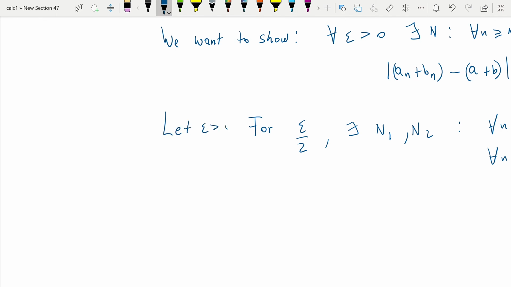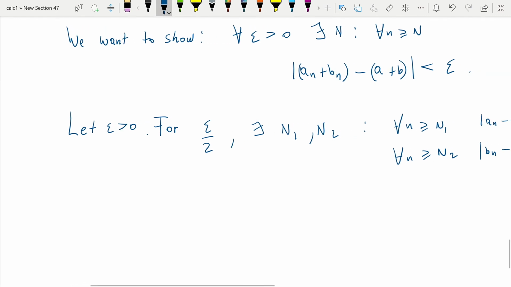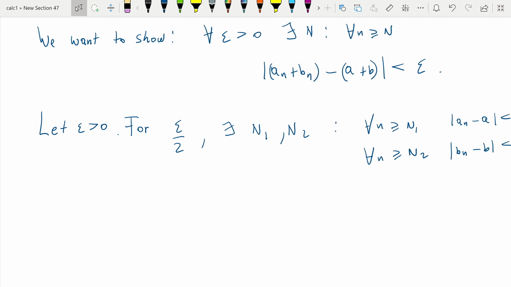Whenever we want to prove something like this, we have to start with an arbitrary value of epsilon greater than 0. And after that, you do some things with epsilon and use the hypothesis in the way that you need in order to exploit the properties that you know for sure you have, so as to conclude what you want to show.